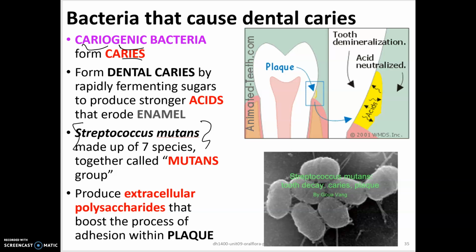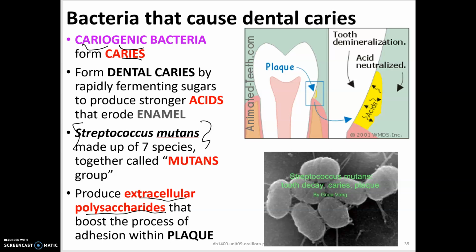There's 7 different species that make up this mutans group, and what they do really well is they are very fast at fermenting sugars to produce acid, and they also release these extracellular polysaccharides. And what those do is they allow other species of bacteria to come in and stick to this polysaccharide, and it allows plaque to build up faster.